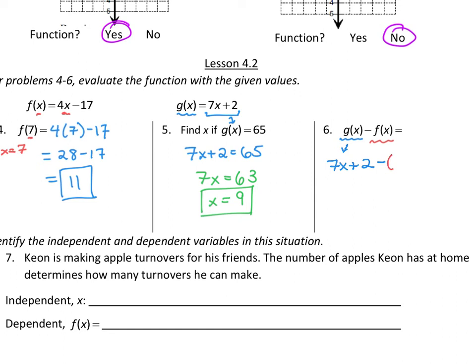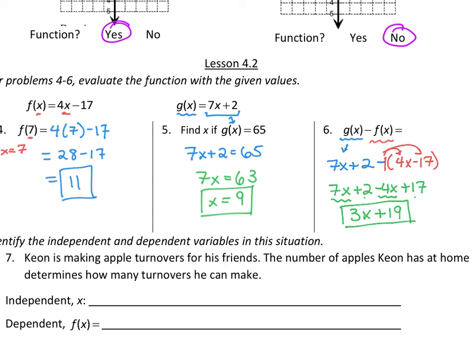So parentheses, f of x is 4x minus 17. And you need those parentheses because you need to remember to distribute that negative there. When I simplify this, I get 7x plus 2 minus 4x plus 17. And then combine any like terms. So 7x minus 4x is 3x, and then 2 plus 17 is 19. So our final answer here is 3x plus 19.